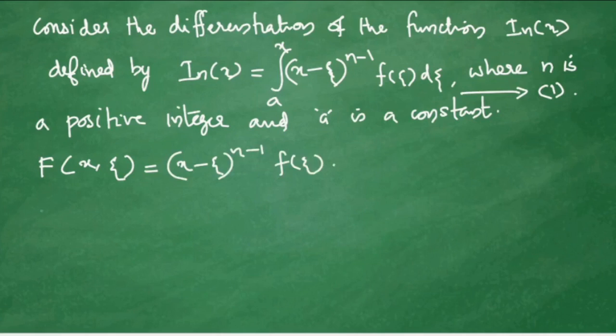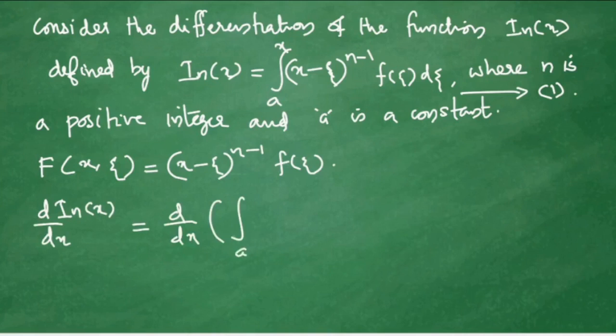Now we have to find d by dx of I_n of x, which is equal to d by dx of integral a to x of f of x theta, that is x minus theta raised to n minus 1 f of theta d theta.